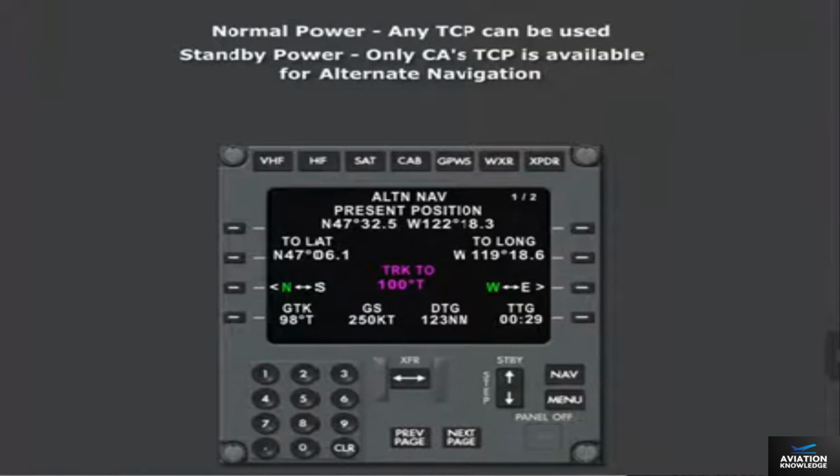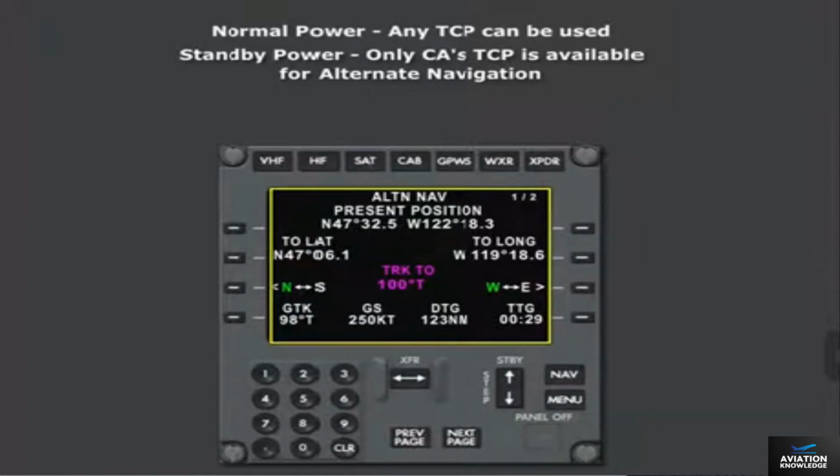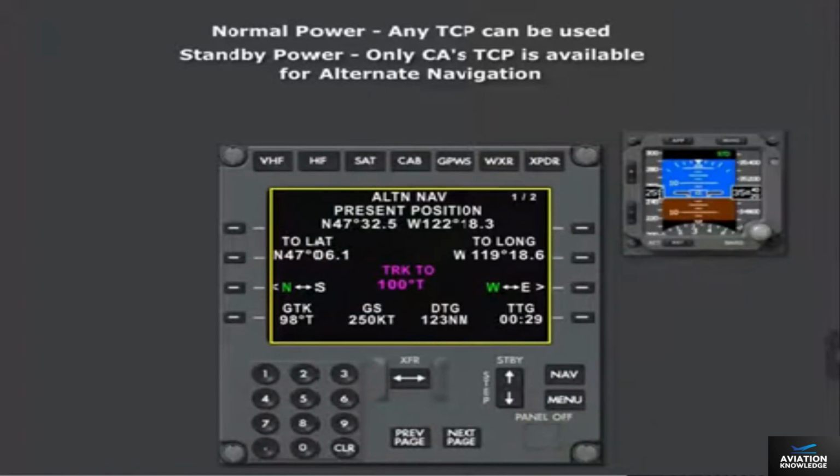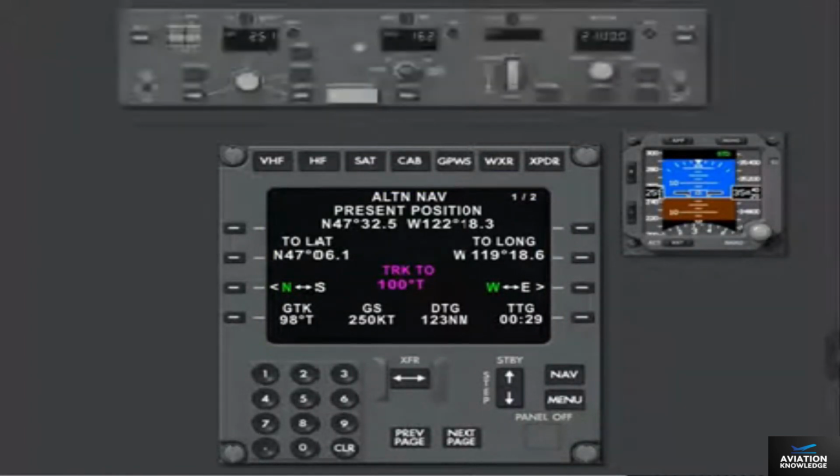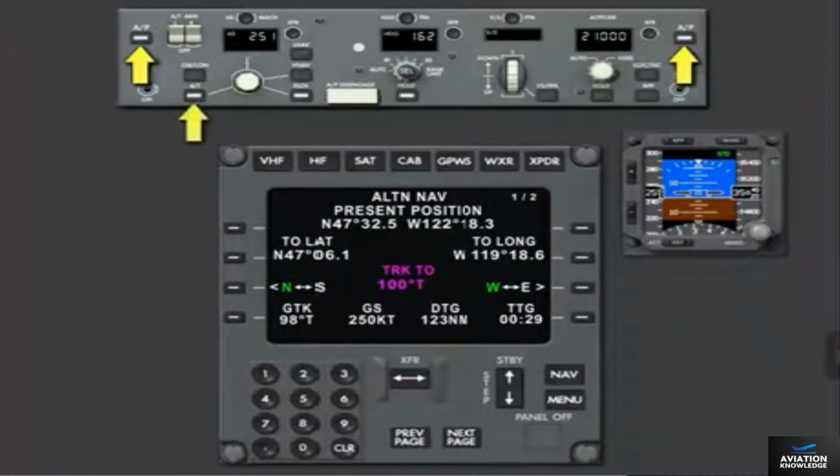When on standby power, only the captain's TCP is available for alternate navigation. Alternate navigation data is displayed on the TCPs and the ISFD. While autopilot and autothrottles may be available, LNAV and VNAV modes are inoperative.